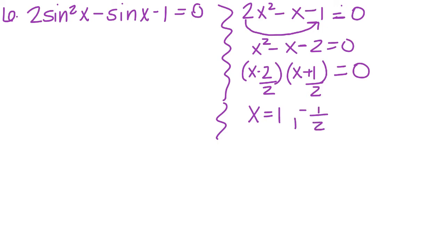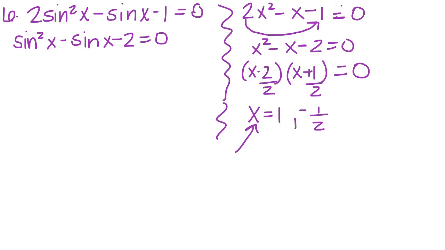We're going to do those same steps with this trig function, except down here at the end, instead of saying x equals, I'm going to say sine of x equals. So let's walk through that process over here. If we multiply that 2 over, we're going to have sine squared x minus sine x minus 2 equals 0.